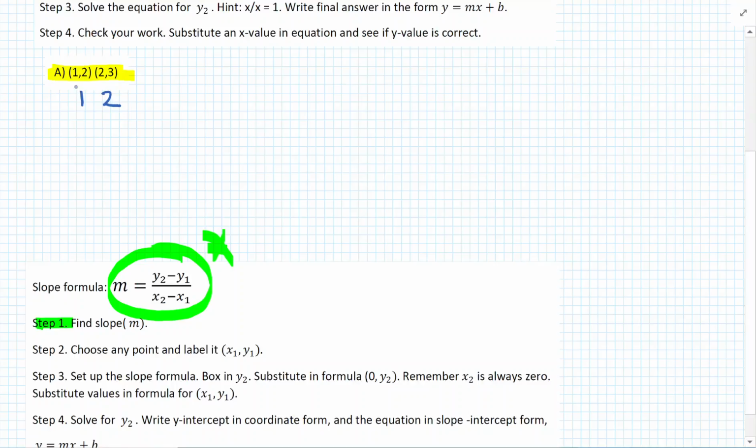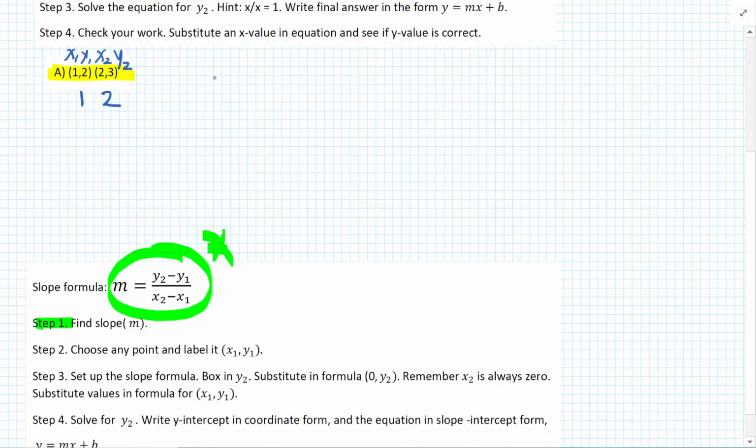So that means if this is the first point on the left, my left that is, x1, y1, x2, y2.